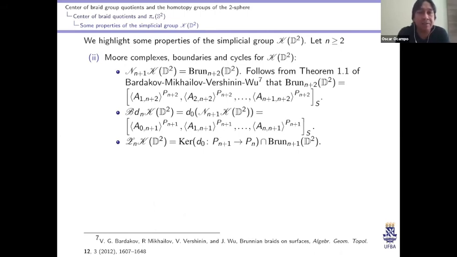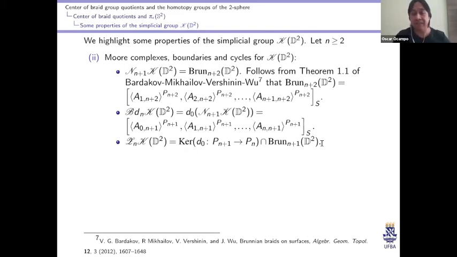We have a description of this Brunnian braid group as a symmetric commutator subgroup. Then, when we apply the d_0 map on this Moore complex, we obtain these boundaries here in the second item. So we have that the boundaries are in fact normal in the whole group, and the cycles of this K(D2), the simplicial group, is just this intersection.